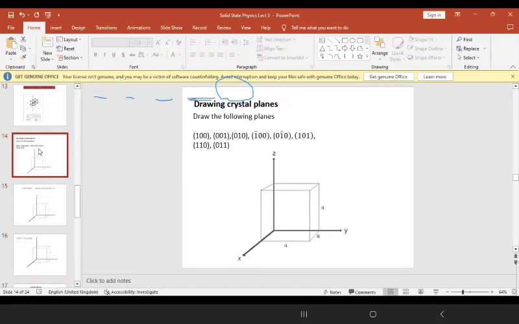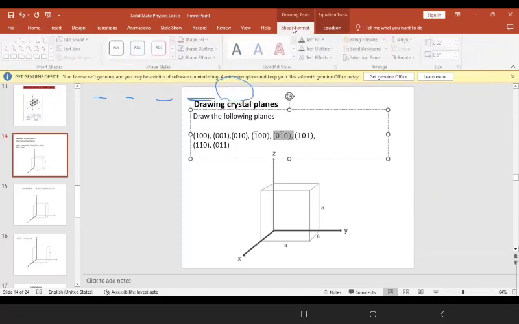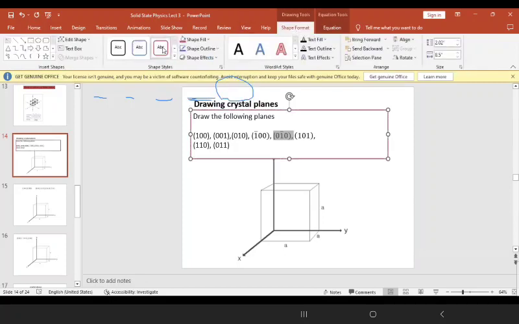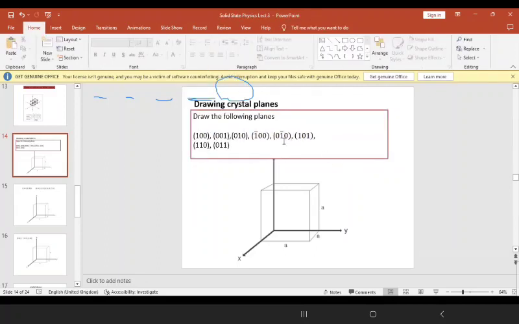Try 0, bar 1, 0. Draw the diagram and send it to me via WhatsApp. I will check my WhatsApp.